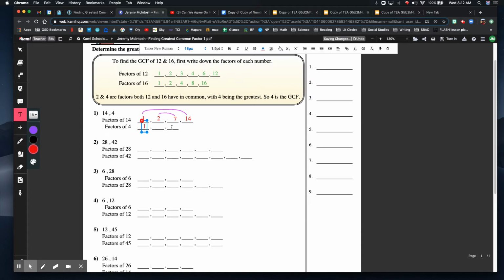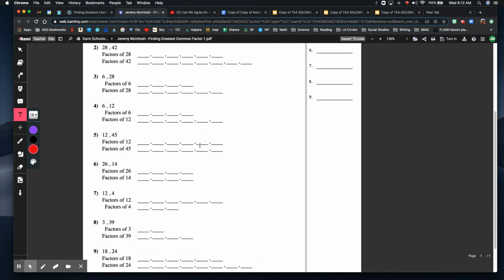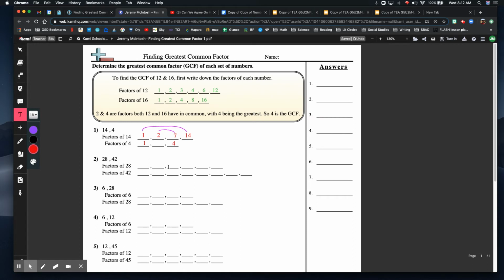Okay. Factors of 4: you can always start with 1 and the number. That's always going to be the first number and the last number. It's always going to be the smallest number and the biggest number whenever you multiply those two together. So they're only going to have the 1 and the 4. What other two numbers can we multiply to get to 4?